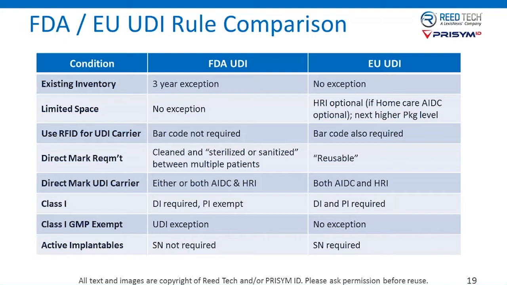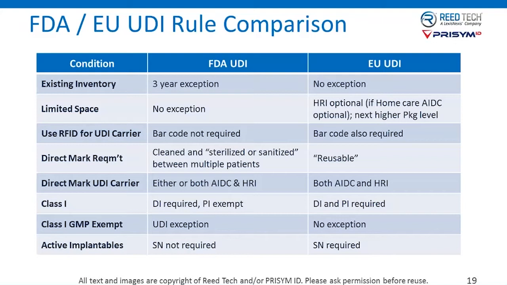But for the existing inventory, the FDA had a concept of a 3-year inventory extension. The EU does not have such a concept regarding inventory, although they do have the transition period that Chris had mentioned earlier. The other, going down near the bottom, is a Class 1 requirement where the FDA exempted the production identifier from being included in the UDI across the board for all Class 1 products.